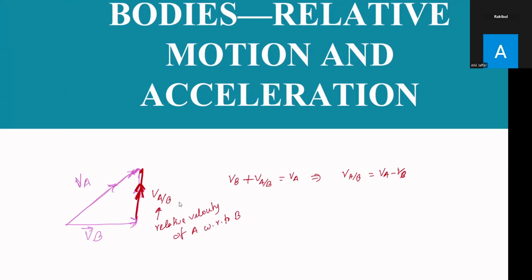Or if we write it the other way, VA equals VB plus VAB, isn't it something like that?